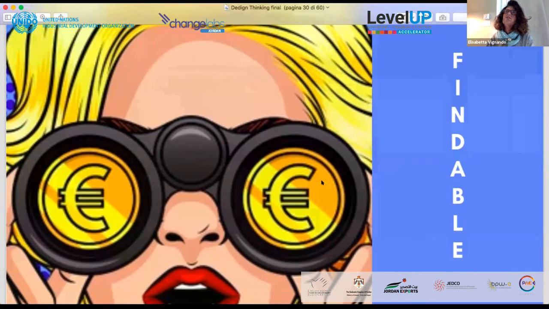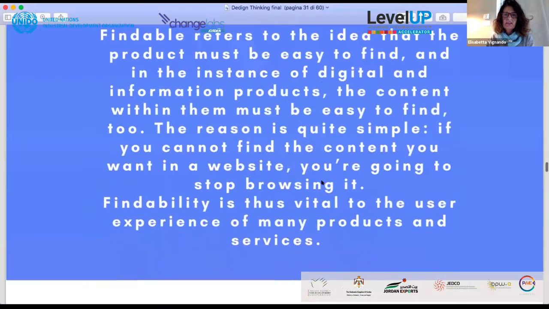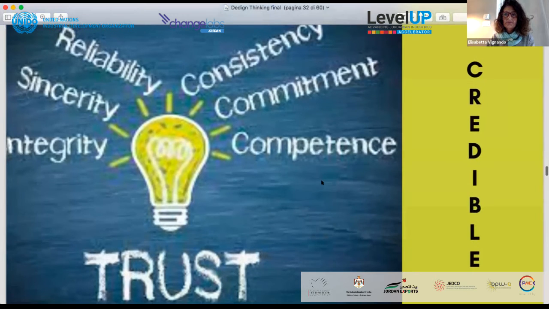This is a very important point because, using digital marketing, of course, e-commerce and all the tools that we have to market our product globally, findable is one of the assets when a company starts a new product or markets a new product or new services. Then we have credibility.